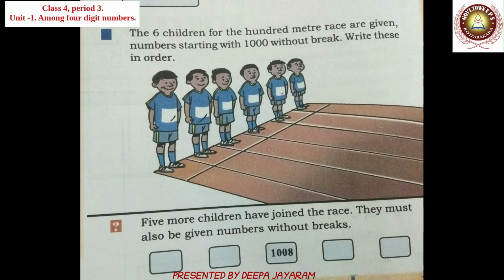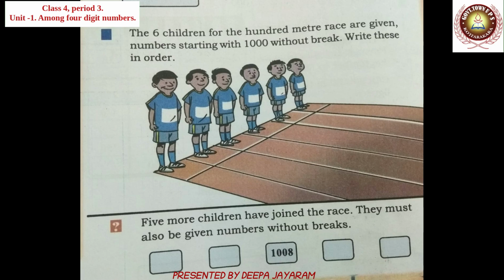Among the 5 members, the middle one's number is given to you, 1008. You have to complete the other 4 children's numbers. After 1005, 2 columns are blank. Then write the number 1008. Then also 2 numbers are blank.